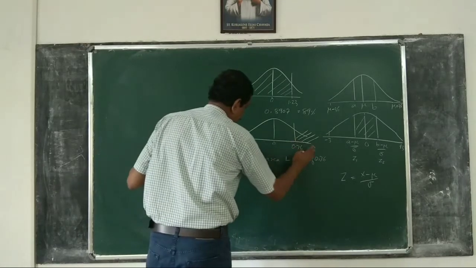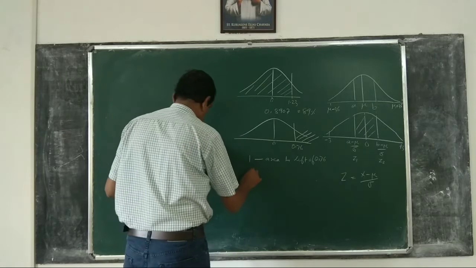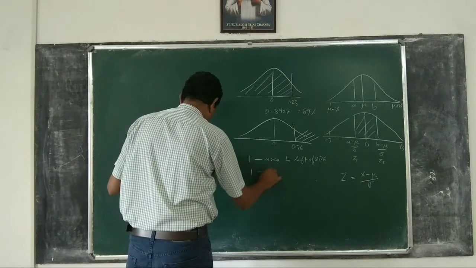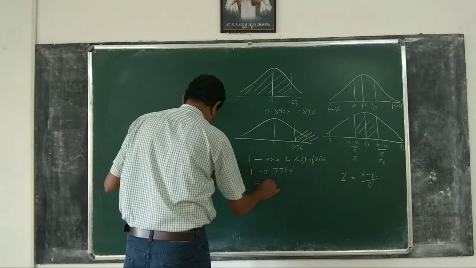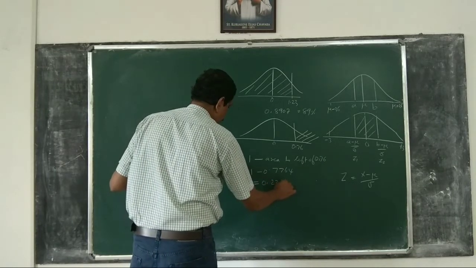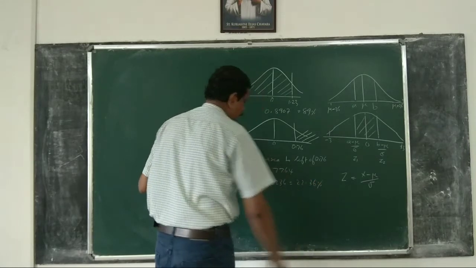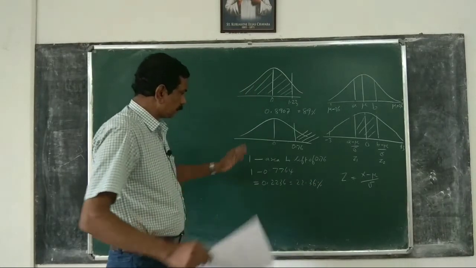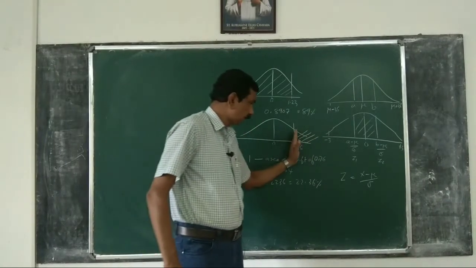Area to the left of 0.76 is obtainable from the table. So it is 1 minus 0.7764, that is equal to 0.2236 or 22.36%. That is 22.36% of the observations lie to the right of 0.76.